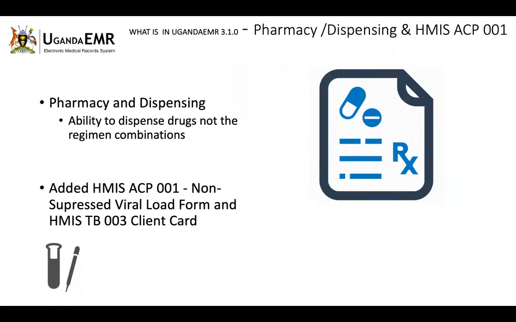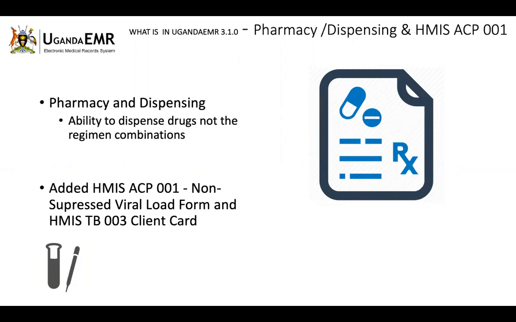So what we've provided for is an ability to split these regimen combinations into particular drugs. So right now, a pharmacist is able to dispense a drug individually and not a regimen. That way, it is very easy for them to generate and to account for the drugs as they have been dispensed.